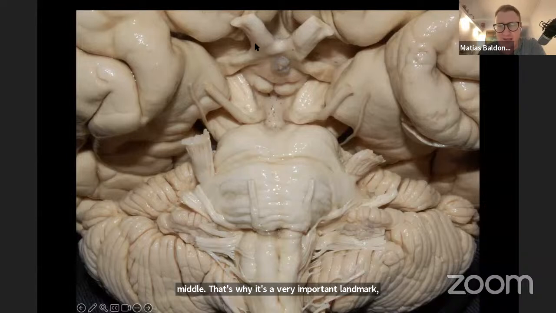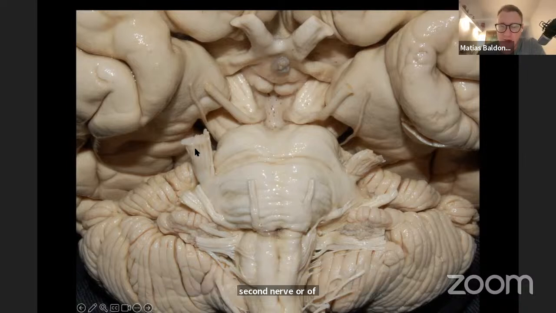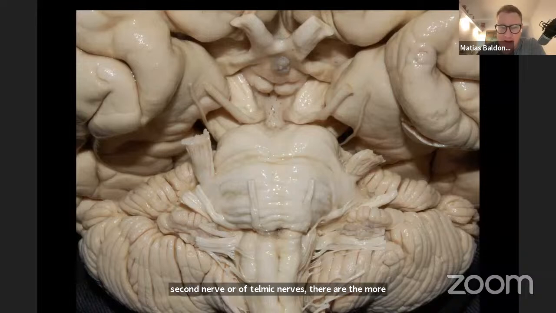With the second nerve, or ophthalmic nerves, they are the more important nerves in order to the quantity of fibers that run inside of the nerve.